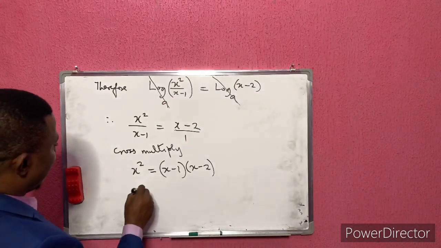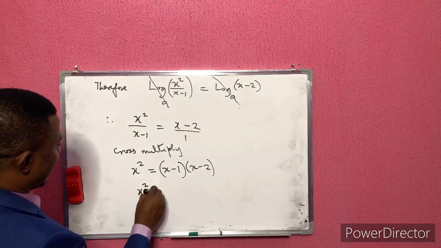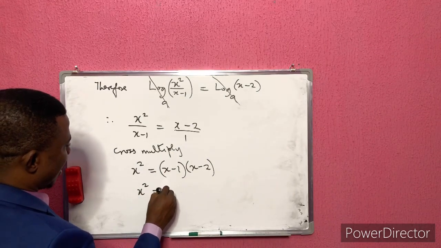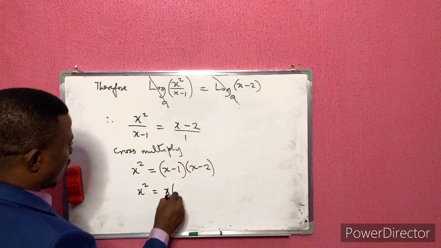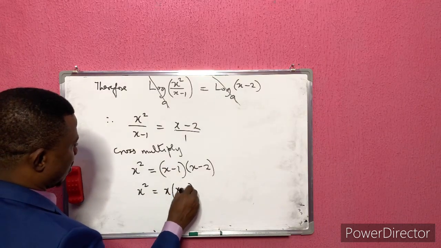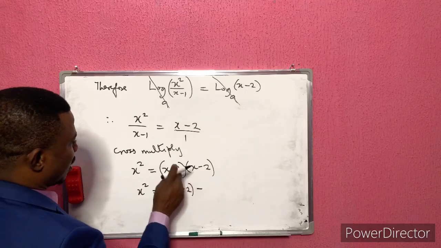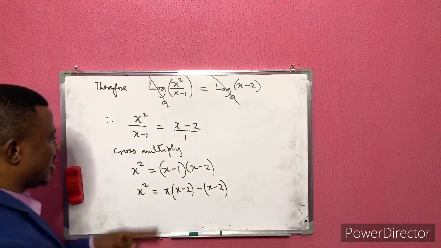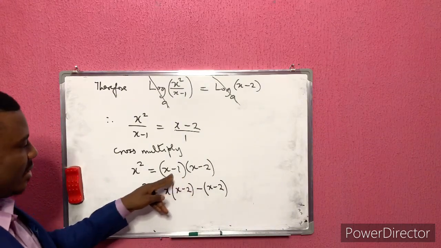Now you have x squared equals, open bracket, the first one x will multiply x minus 2, minus the second one will multiply x minus 2. This is how to open brackets in algebra.